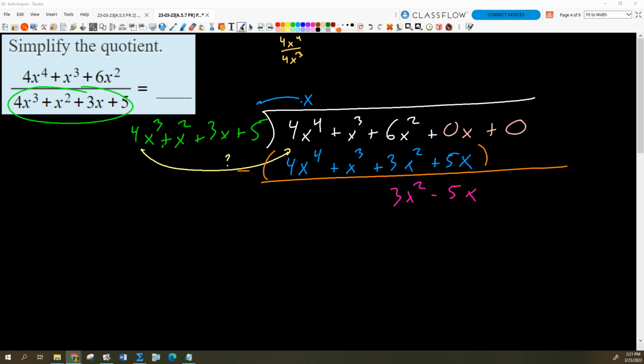Can I keep going? How come? That's only an x squared, and that's an x cubed. I'm done. So this is my remainder. That ended up being a pretty quick one, right?